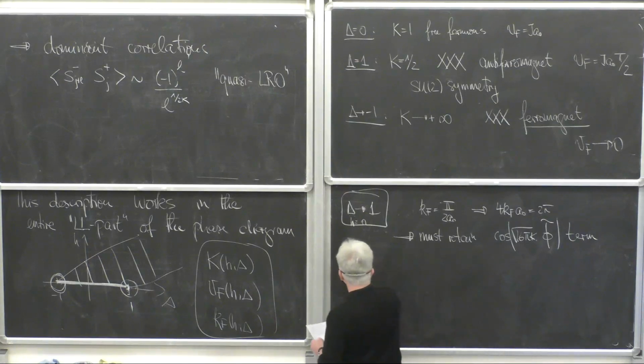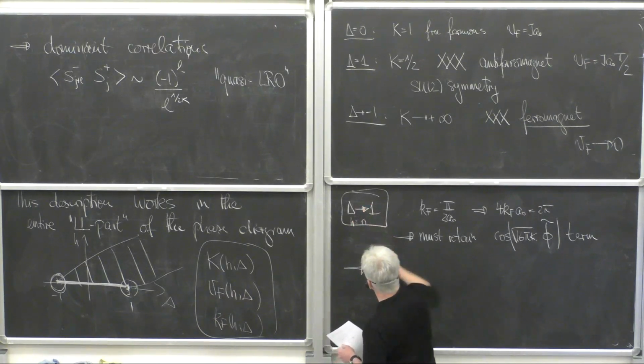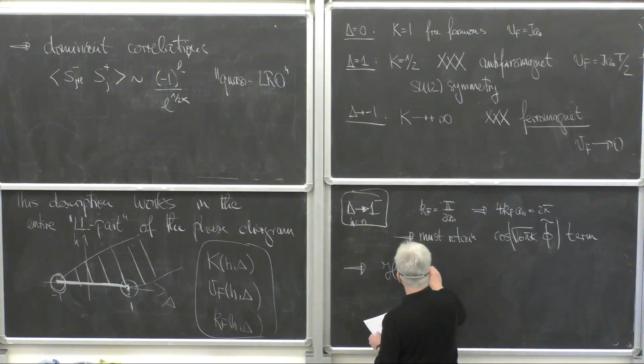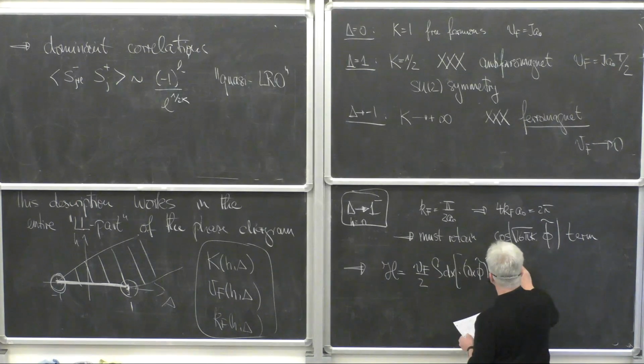So from what we had seen before, the Hamiltonian of this XXZ chain, when delta goes to 1 minus, is vF over 2 integral dx of phi tilde squared plus dx theta tilde squared.